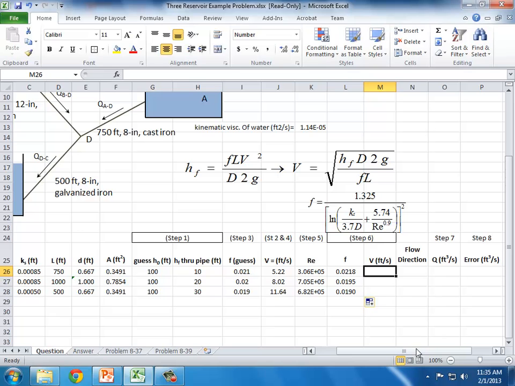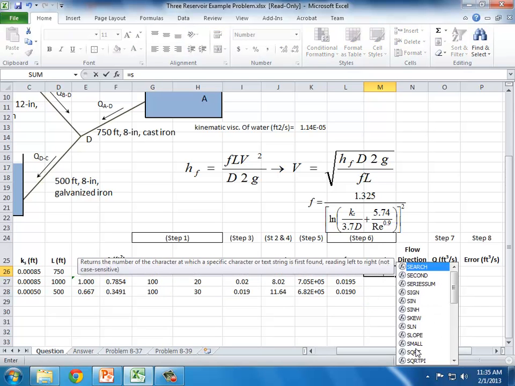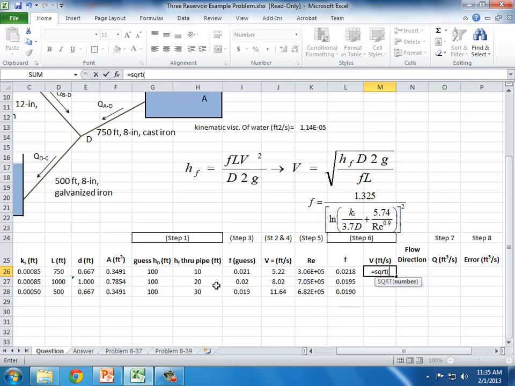Yeah, we use the same h sub f. So square root of h sub f times d times 2 times 32.2 divided by f. In this case, it's L26, divided by the length.